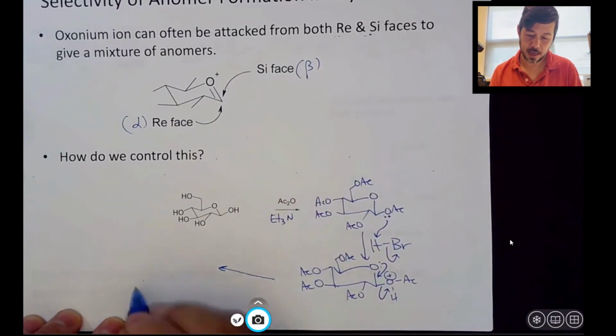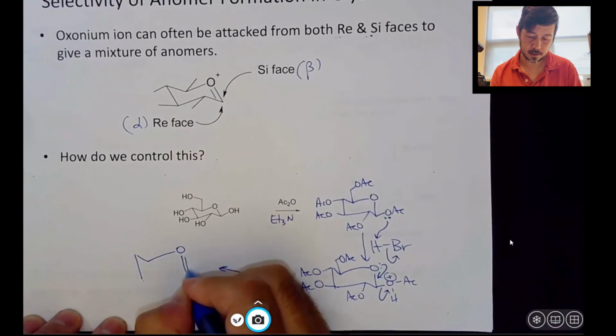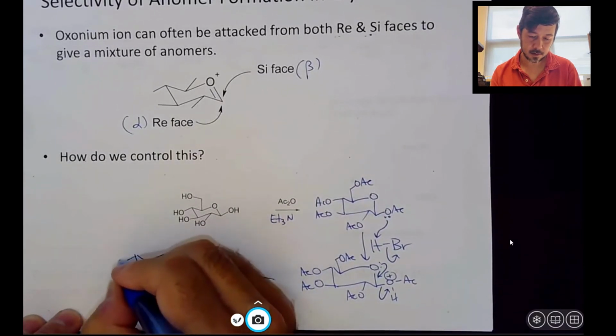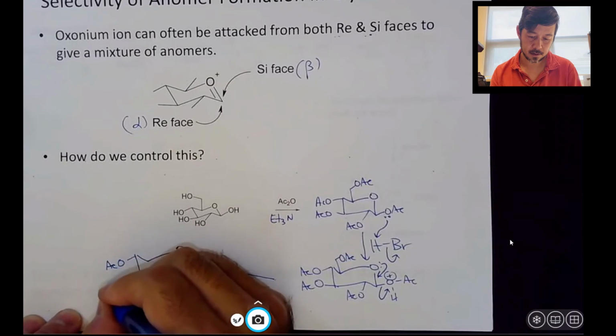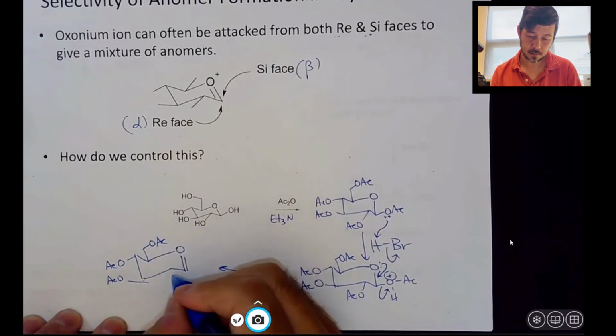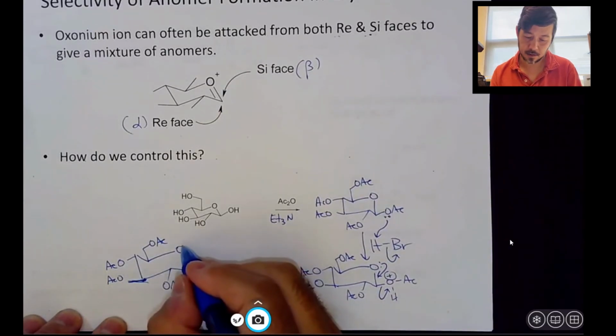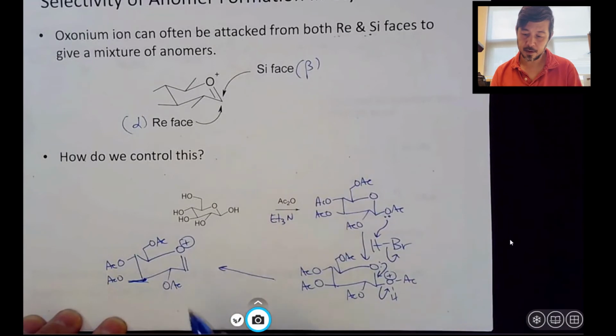So what we will have is this oxocarbenium ion like this.